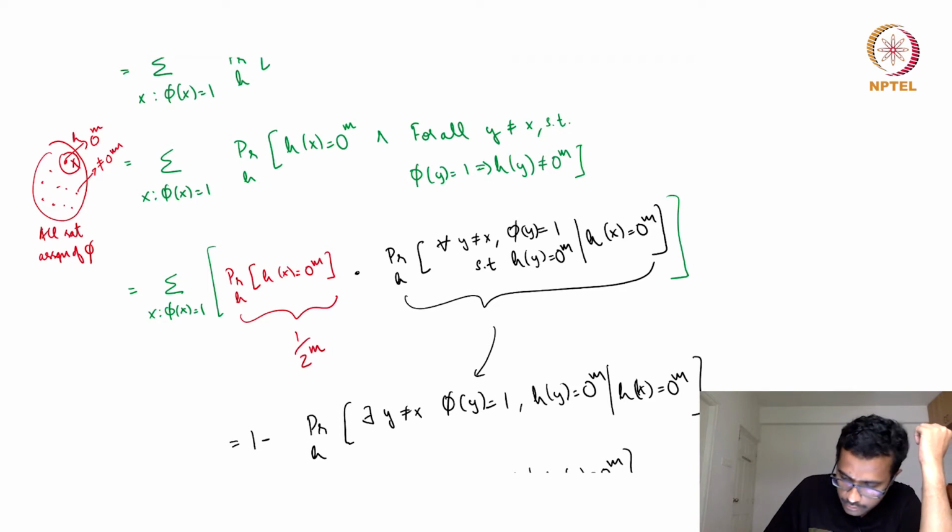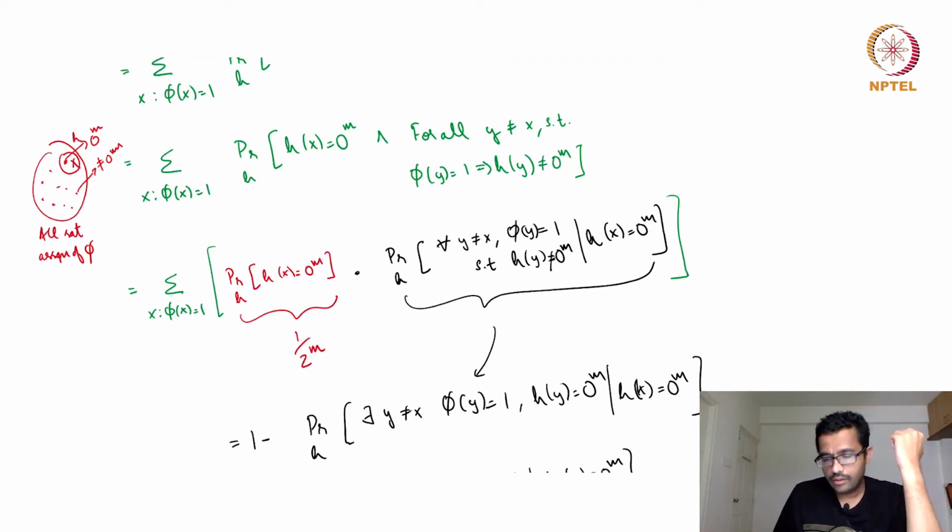There is a small typo here. For all the remaining y that are not equal to x, they do not get mapped to all zeros.